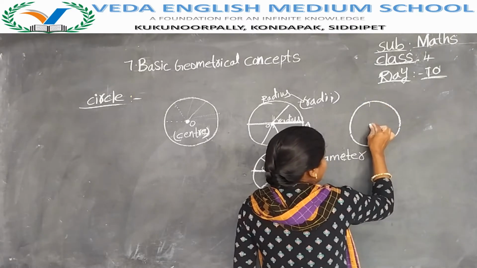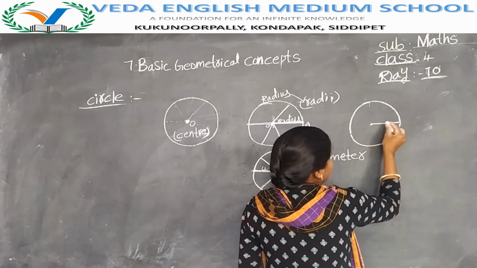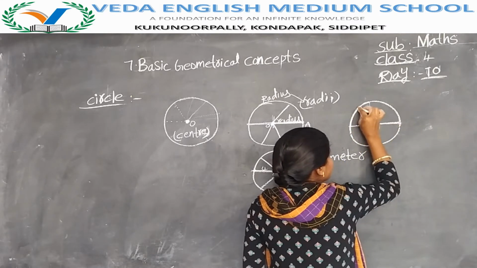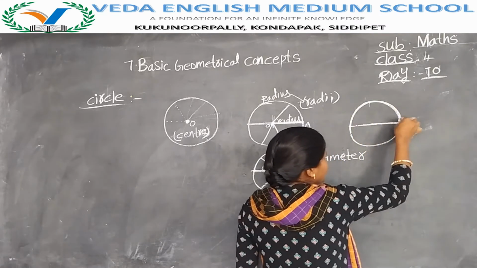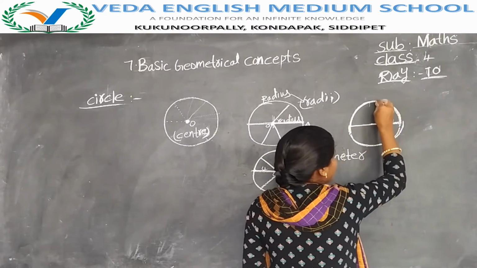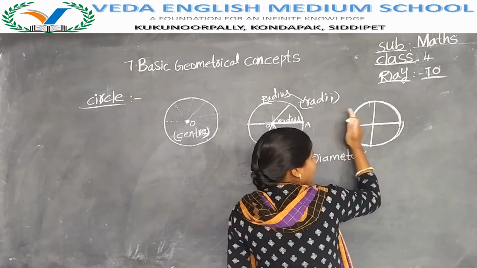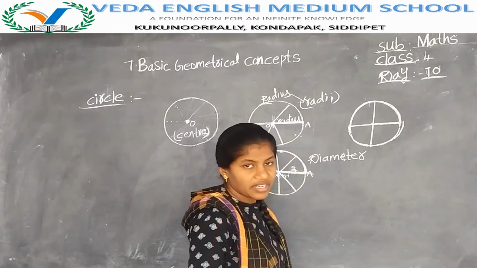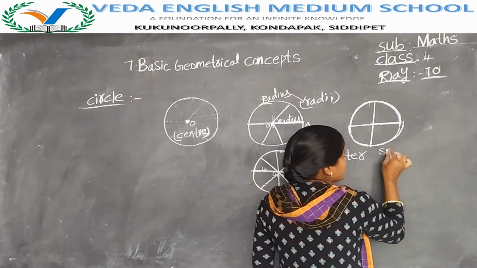Circle, center of the circle, radius of the circle, diameter of the circle, and this diameter divides the circle into 2 halves. Otherwise, if you draw the diameter like this, it is one half, it is one half. It is a semicircle. Since it is half of a circle, what do we call it? Semicircle.